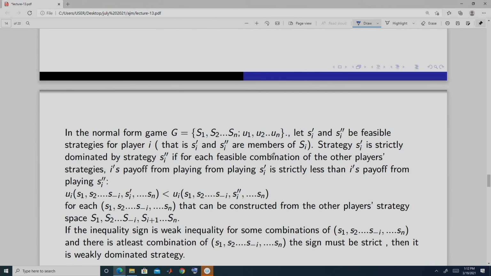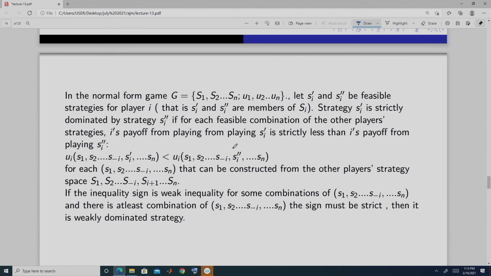So, more formally we can define a dominated strategy in this way. Suppose we take any player i, and let Si' and Si'' be two strategies for player i. Okay? So, they are two members of this strategy space Si.